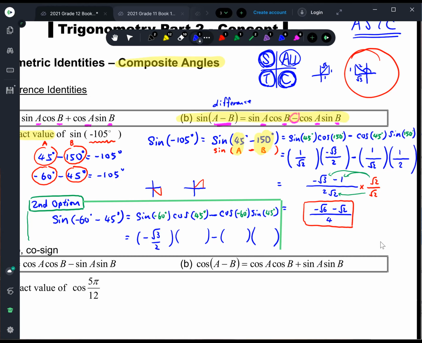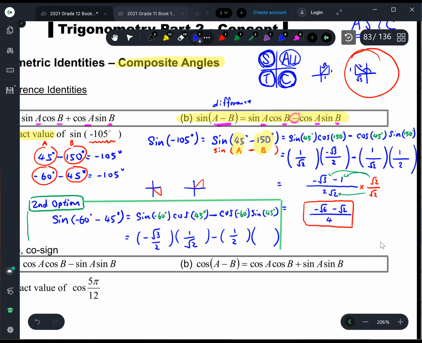It's 1/√2. Yep, very good. Okay, third bracket. Claire, 1/2. Yep. Okay, and then the last bracket, Marcus. 1/√2. Yeah, 1/√2. Okay, opposite over hypotenuse.